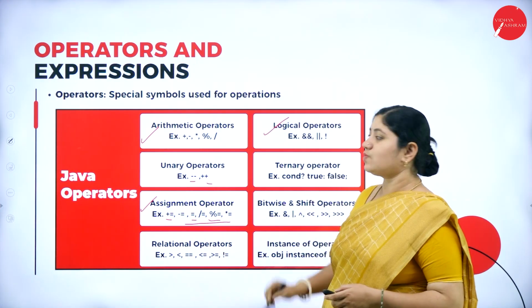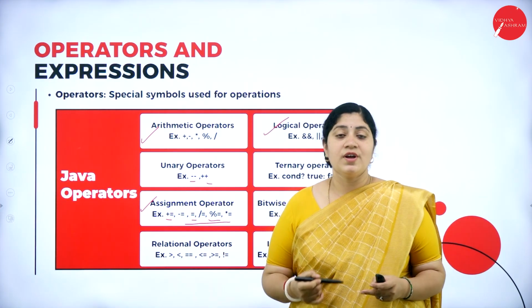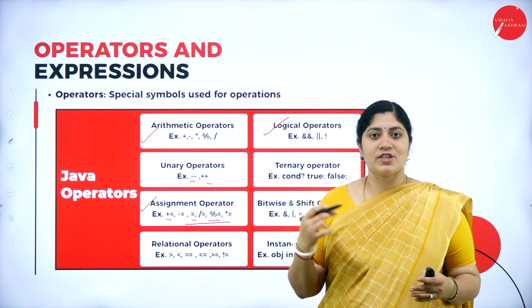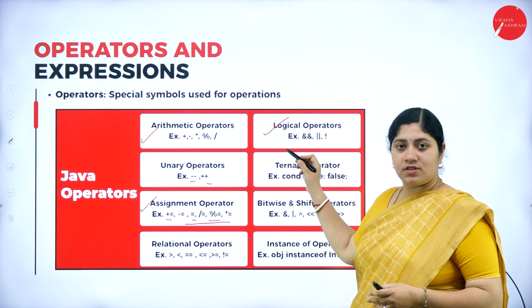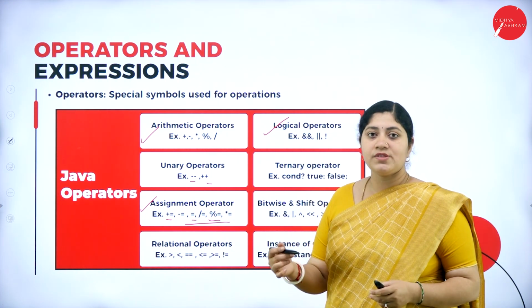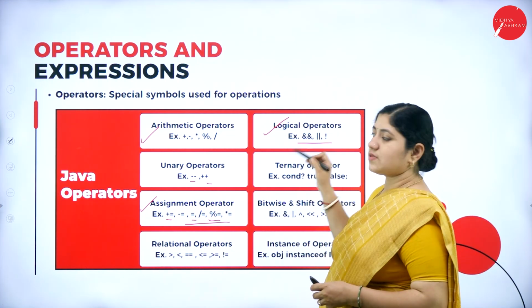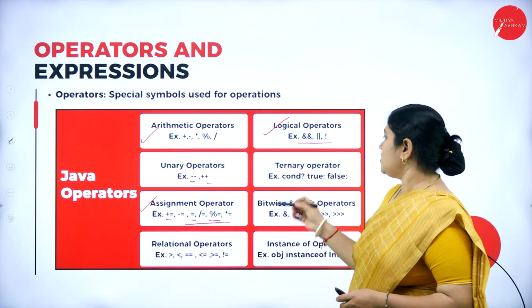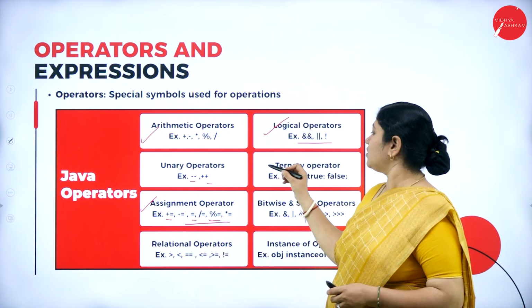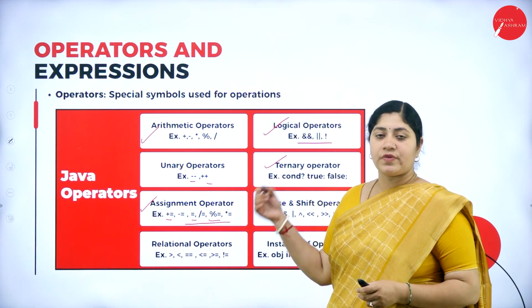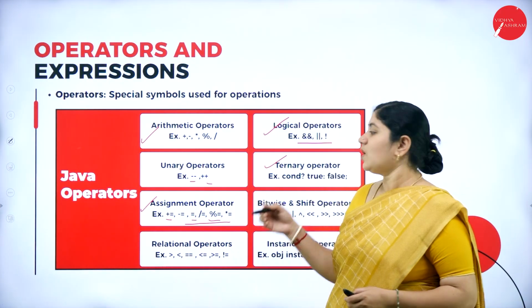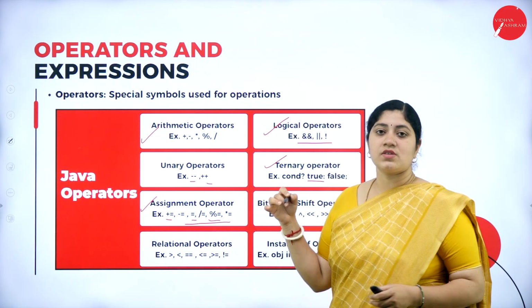Followed by the next one, a logical operator, which means all the logical gates like AND gate, OR gate can be calculated. These gates can be represented by using symbols. Next type is a ternary operator, which is responsible for condition verifying, or it verifies whether it is true or false.